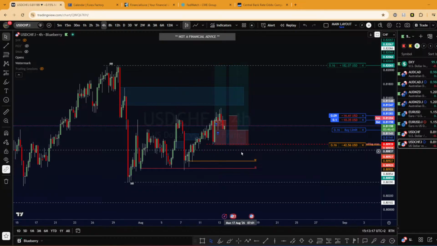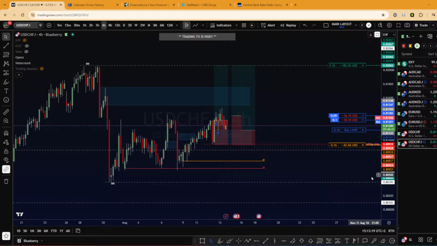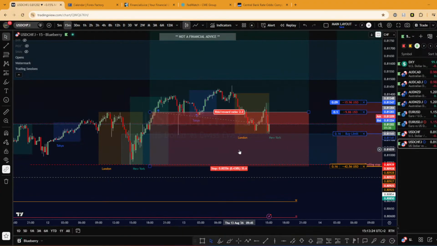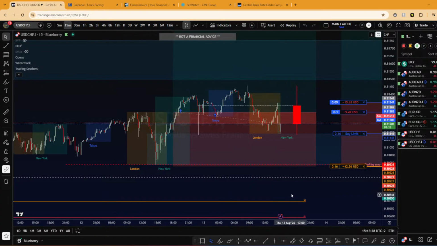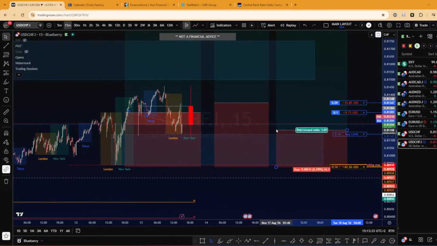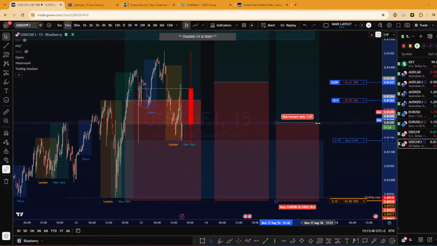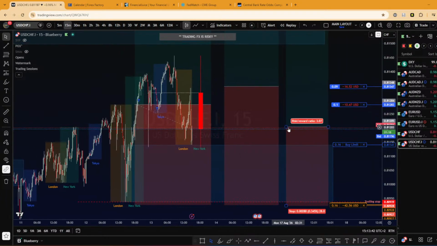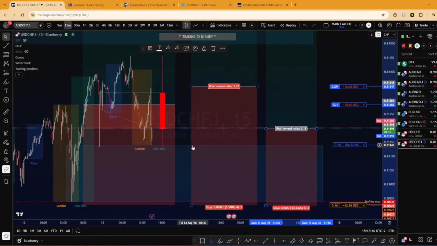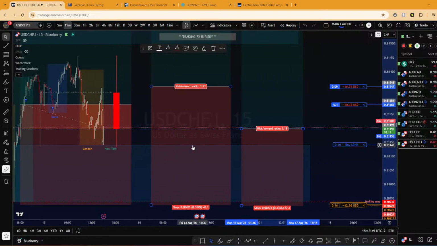Let me see. I put the buy limit here, but it didn't trigger. So I think I will start to buy here because I start to see some rebounds here.